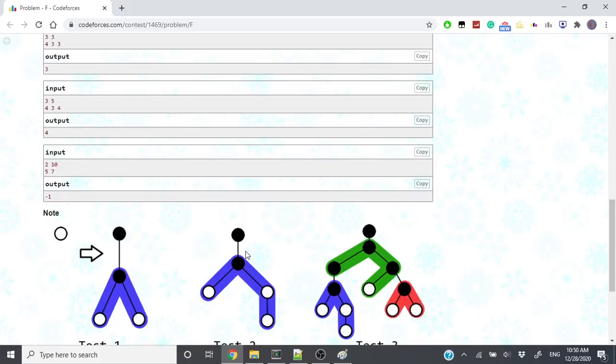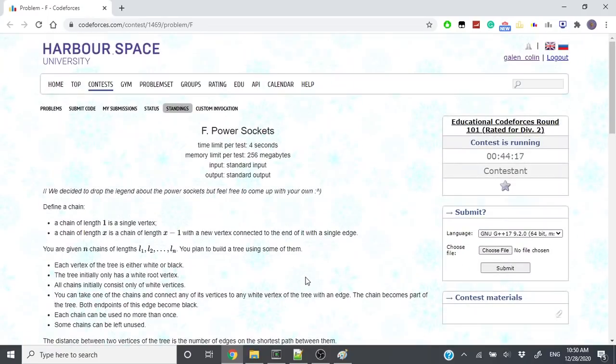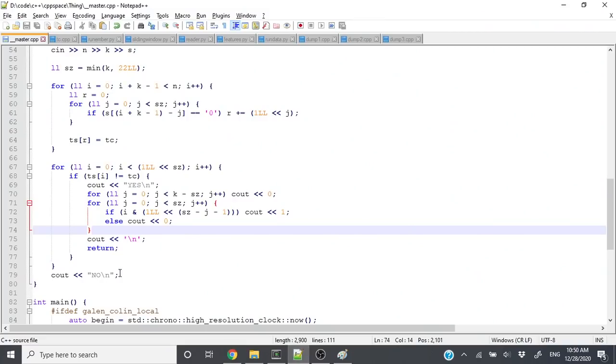I think you can do some sort of exchange argument to show that you want the biggest chains first, and then now we do some sort of wacky prefix sums. I guess that should work. Don't see why not. And a lot of people are solving this, so it doesn't seem that bad.